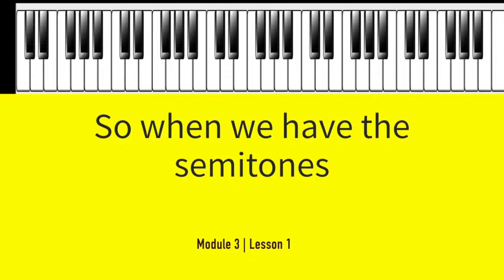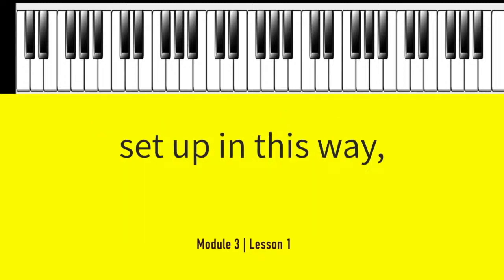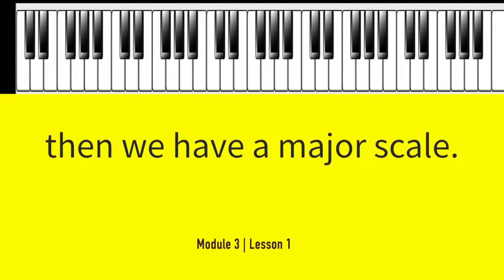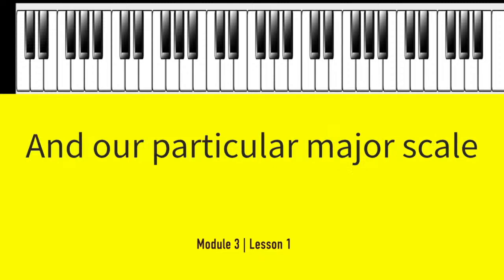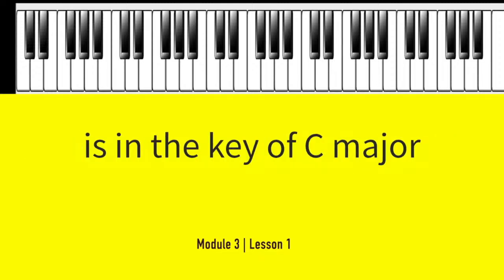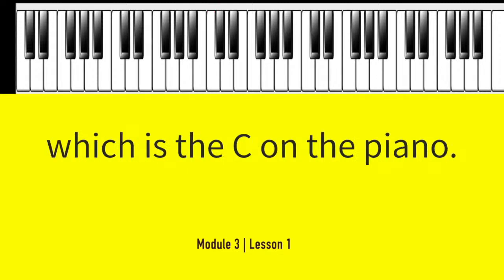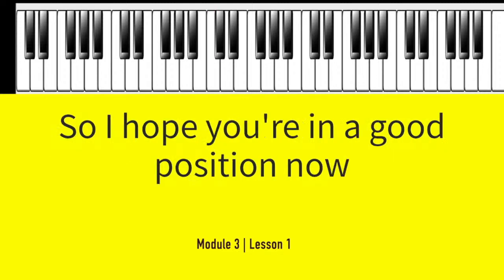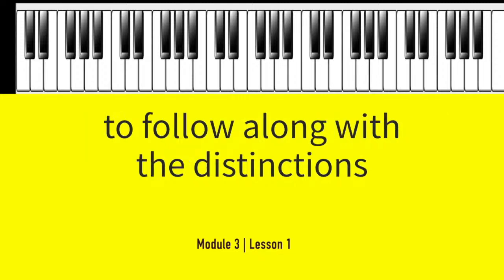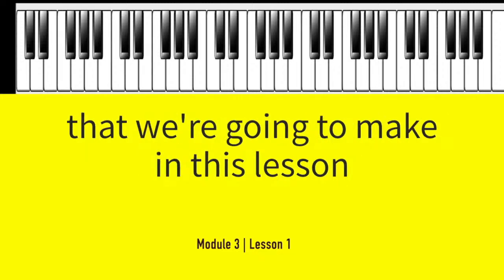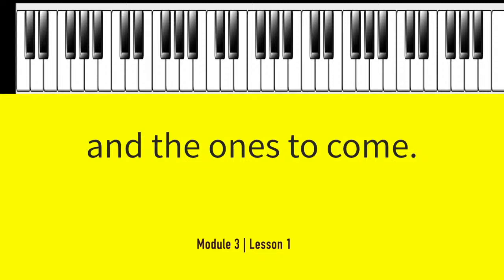So when we have the semitones set up in this way, then we have a major scale, and our particular major scale is in the key of C major, starting on this note here, which is a C on the piano. So I hope you're in a good position now to follow along with the distinctions that we're going to make in this lesson and the ones to come.